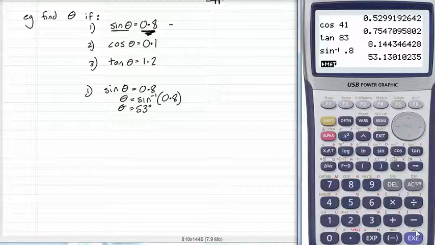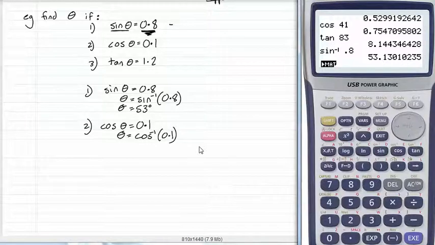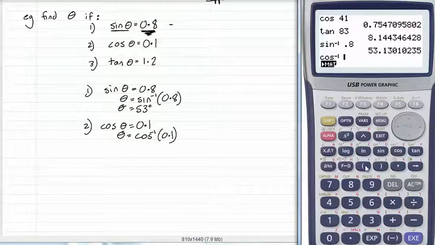So the second question, cos of the angle was 0.1. That means just for the angle, I'm going to have to do inverse cos of 0.1. Now you'll see I put brackets, it just makes it easier to read. You can put them on the calculator or you can not do it, it doesn't matter. So inverse cos, let's try with brackets.